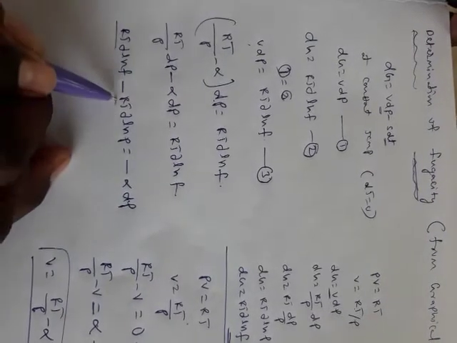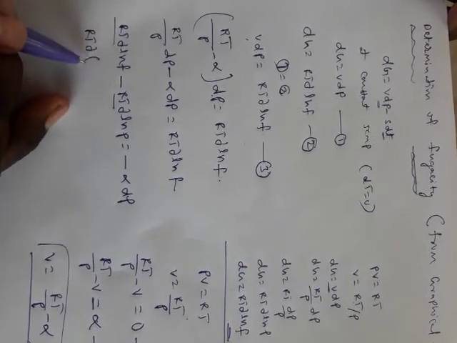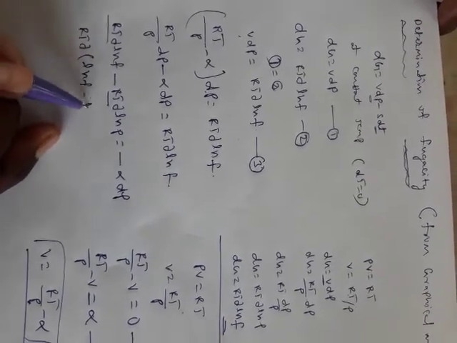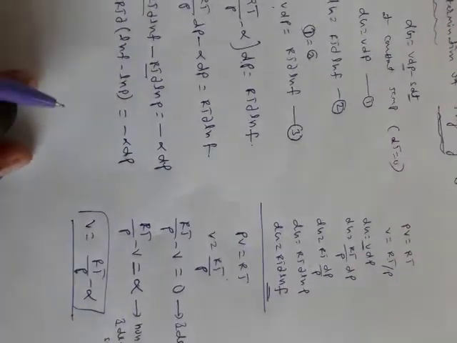Here RT is common on the left side. After that, ln F minus ln P is equal to minus alpha into dP.